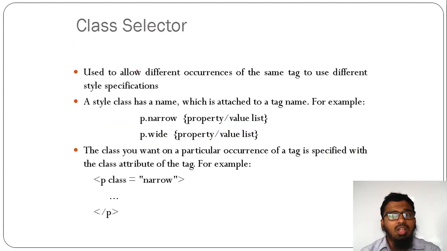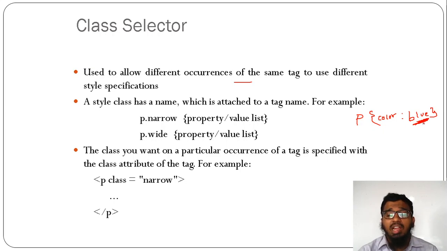Next one is class selector. What is a class selector? It is used to allow different occurrences of the same tag to use different styles. A style class has a name which is attached to the tag name. Example, if I apply the tag p with property color blue, then in my web page all p will change to color blue.